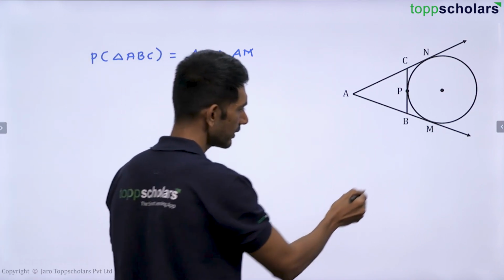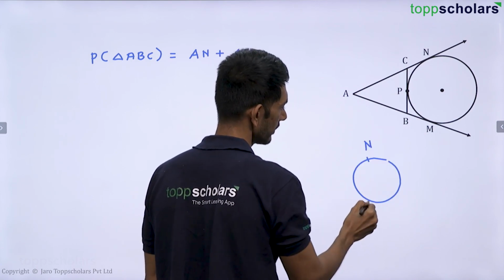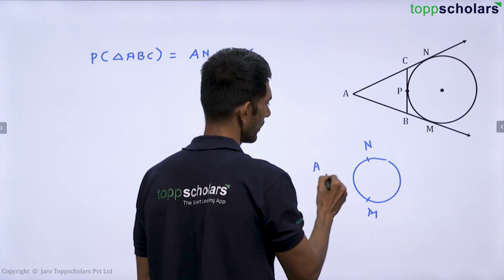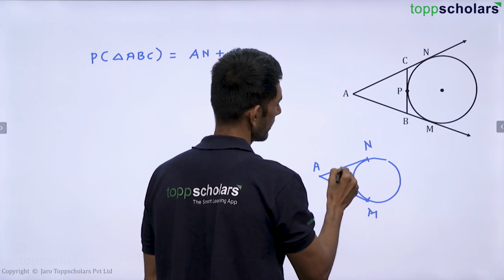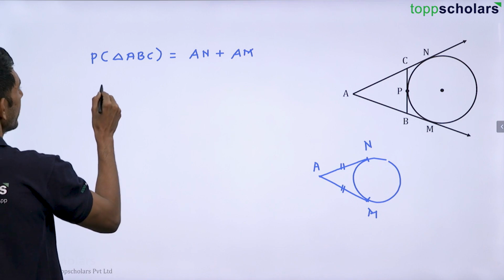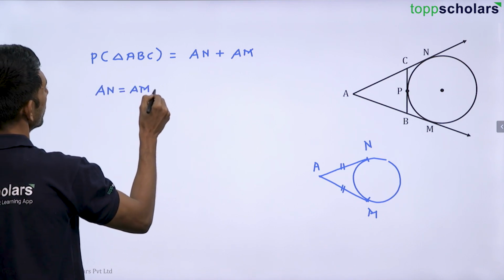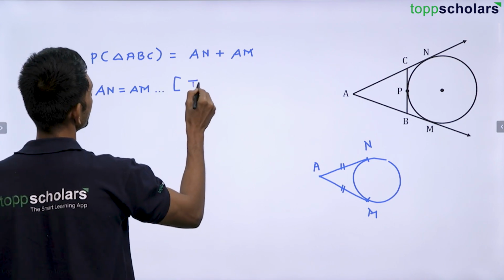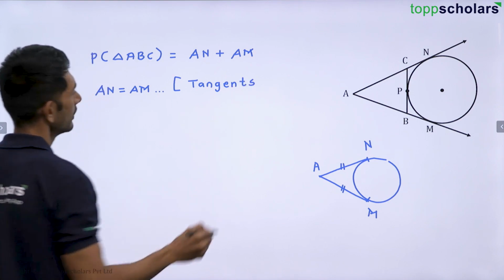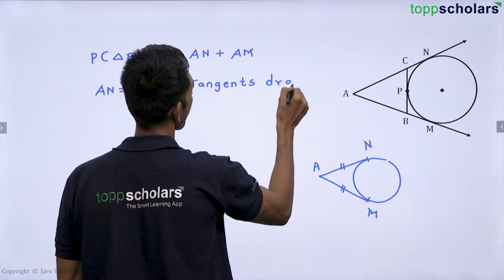Now see, there is a circle. There is point N here, there is point M here, and there is point A here. So can I say AN is equal to AM? Because tangents drawn from external point are equal.